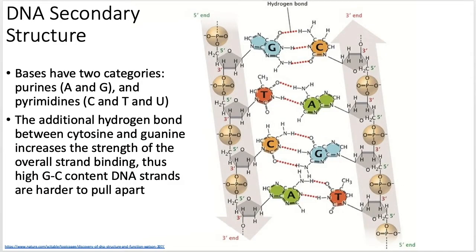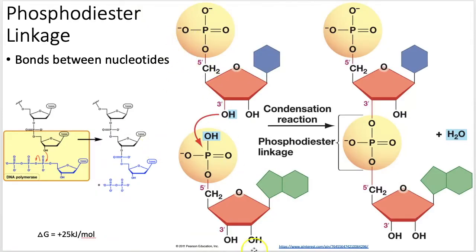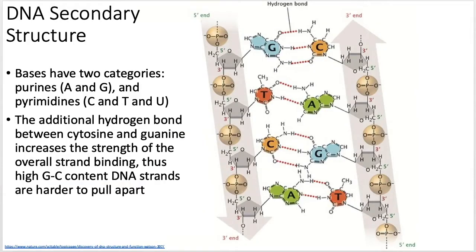Now, to reiterate, our primary structure is just the order of nucleic acids. Your secondary structure is when we have 2 strands. So this is different from proteins. We spent a lot of time talking about proteins, and primary structure is just the order of amino acids, which is the same for DNA's primary structure: the order of nucleic acids.